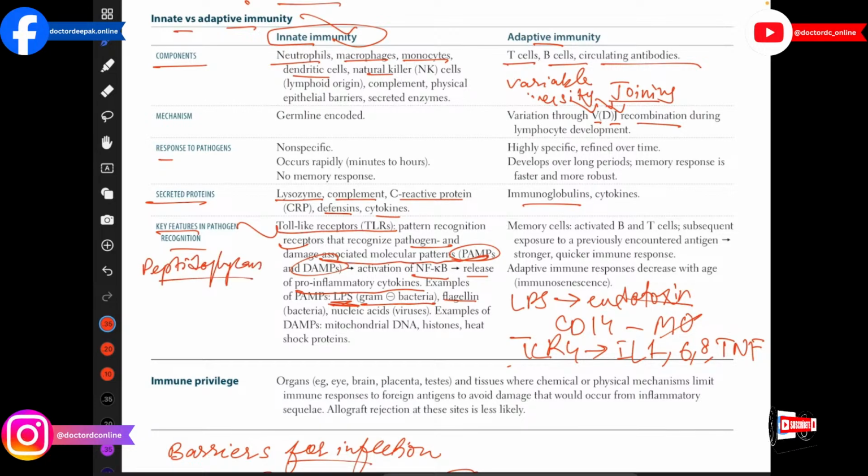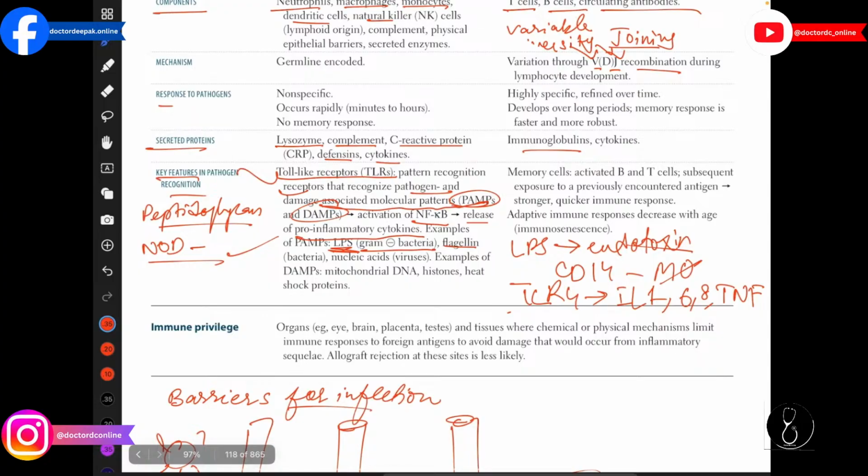Peptidoglycan is present in the cell wall of bacteria. They will attach with NOD receptors, and NOD stands for nucleotide-binding oligomerization domain, and they engage the toll-like receptors and NOD receptors.